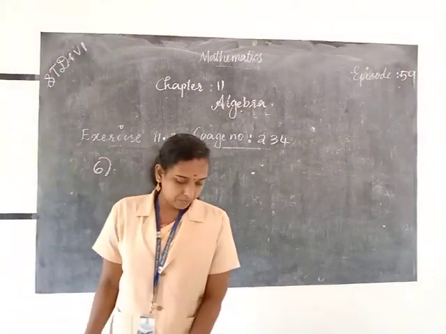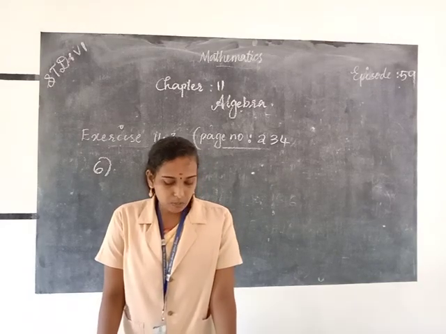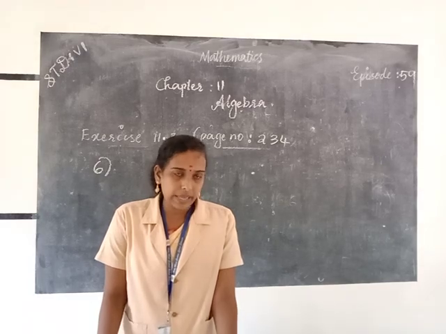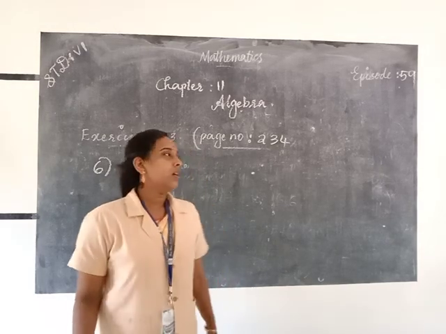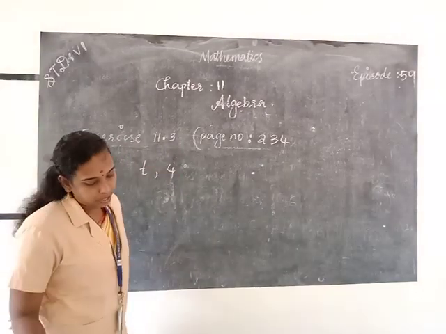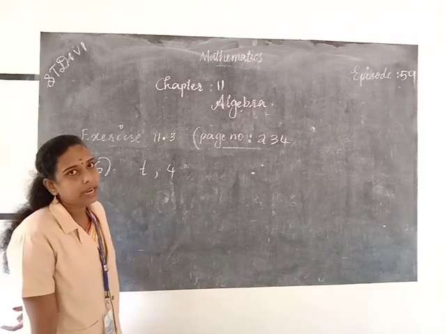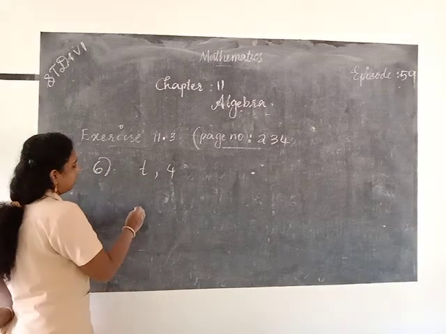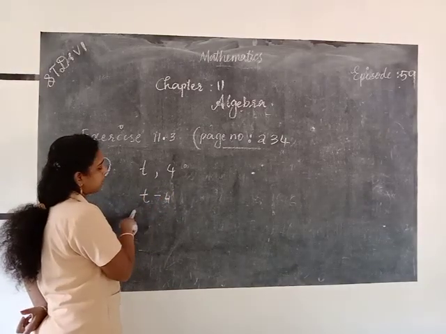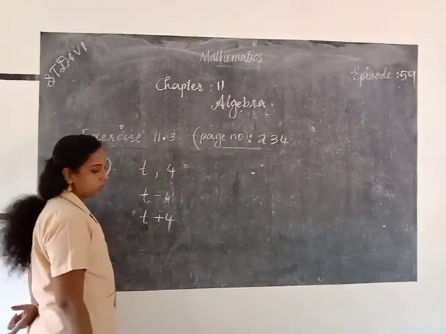Question number 6. Form expressions using t and 4. Use not more than one number operation. Every expression must have t in it. Okay, so we want to use subtraction. Then t minus 4. 4 is subtracted from t. Then t plus 4. 4 is added to t.